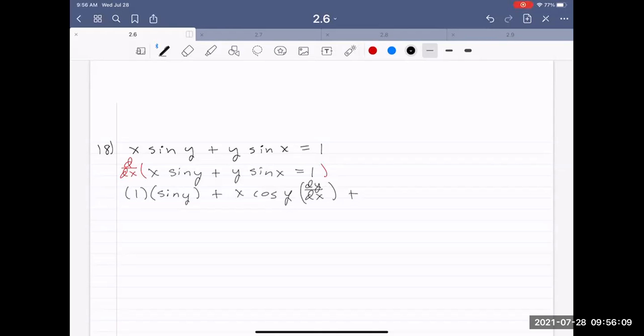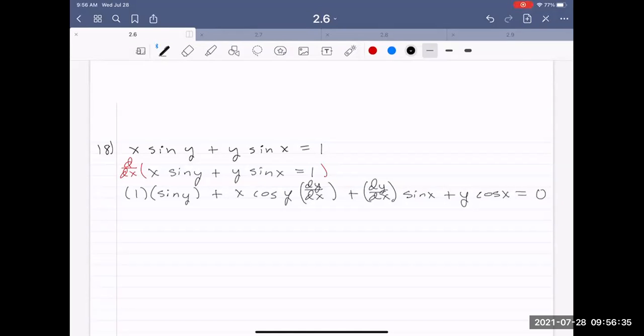Well, the derivative of the first is just dy over dx times the second plus the first times the derivative of the second. The derivative of sine of x is cosine x, is equal to the derivative of 1, which is 0.